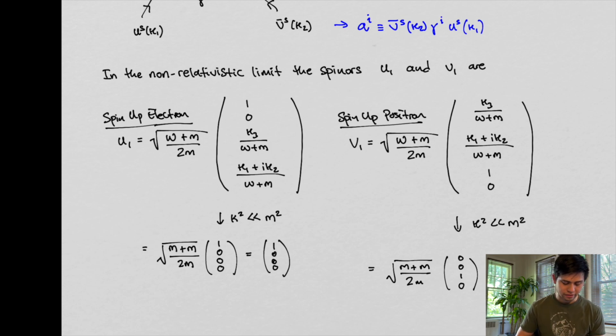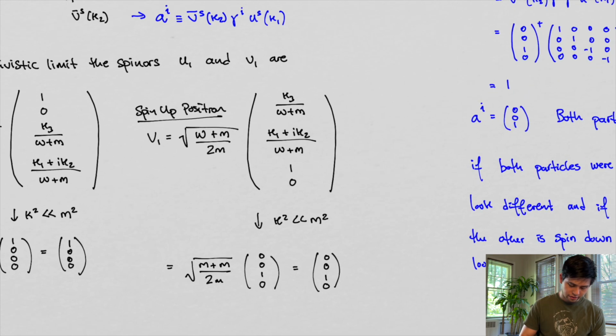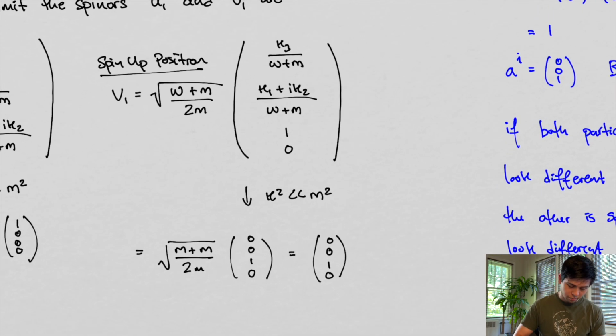And we've talked about that before also. So we get this, which reduces down to this guy. Same thing for our spin up positron. Right, so our spin up positron, same thing happens here and same thing happens here, so we're going to get a spinner in our non-relativistic limit that looks like this.